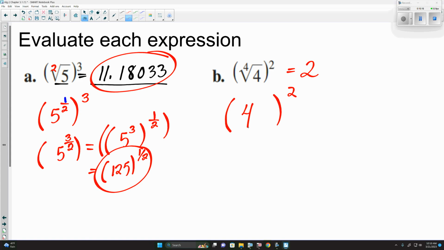Now if I rewrite the fourth root of 4 as a fractional exponent, well, the exponent inside the radical is 1. The root, what goes underneath the exponent, is 4. So we're looking at 4 to the 1/4. But again, powers of powers multiply. So what is 2 times 1/4? So we're looking at 4 to the 1/2.